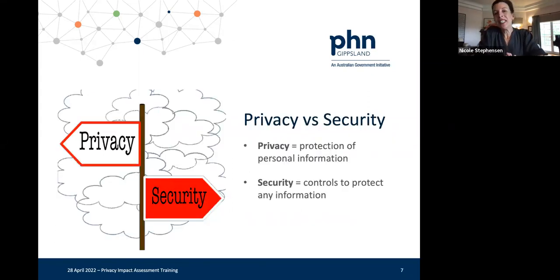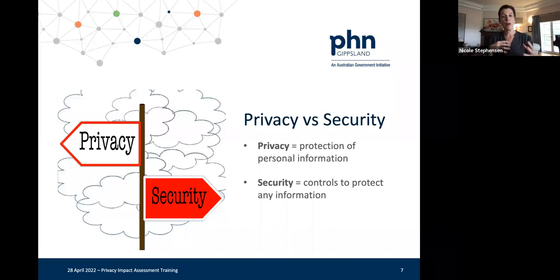And there's an important distinction here, and just going back to the poll results for a second, where we were talking about privacy and what it means to each and every one of you, or what you think it is. Security really featured highly there. I just want to differentiate between the concepts of privacy and security. A simplistic way to do this is to think about privacy as the protection of personal information, right?